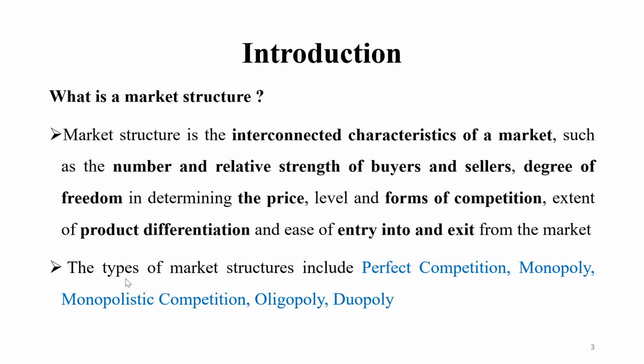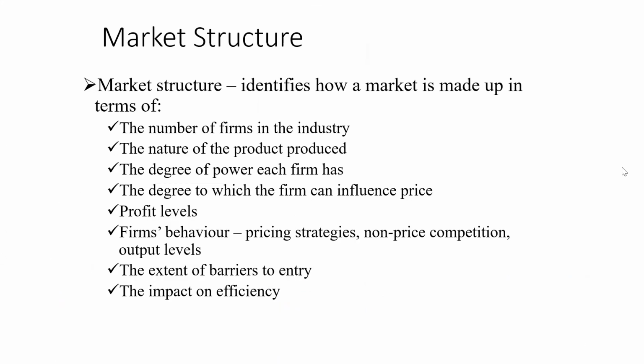Based on these different market characteristics, we can identify basically perfect competition, monopoly, monopolistic competition, and oligopoly market structures. So what are the main characteristics? The number of firms, the nature of the product, degree of power, or the freedom to entry and exit, then how they can influence the price, then what sort of profit levels.